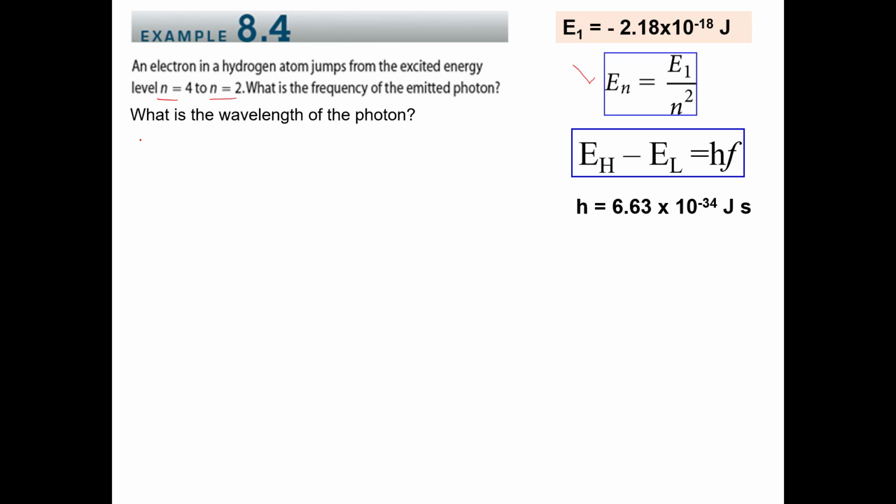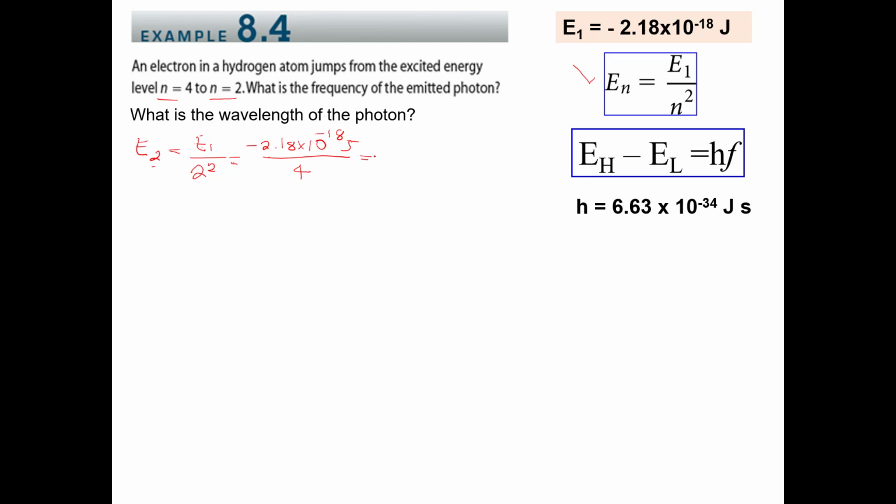For n equal 2, if we use this equation, we have E1 divided by n, and in this case this n is 2 to the second. It means we have negative 2.18 × 10 to the power minus 18 joules divided by 2 to the second, which is 4.